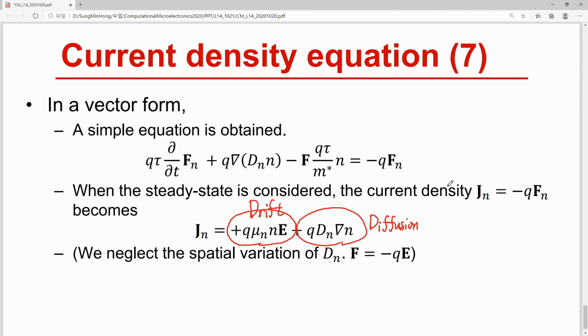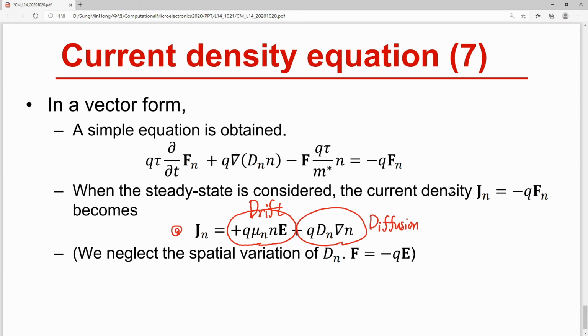Maybe you can feel that this derivation procedure introduces so many approximations, and whenever we introduce approximations, the physical accuracy of this derivation is degraded, and you are right. So the final expression, which is frequently called the drift diffusion equation or current density expression, is not as accurate as the Boltzmann transport equation.